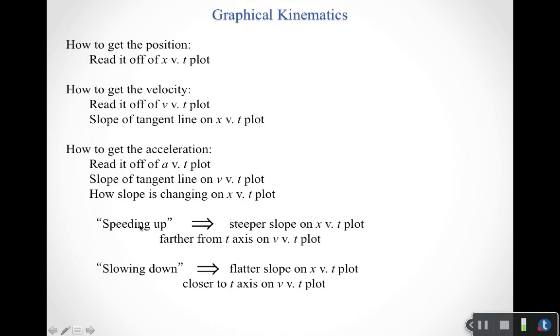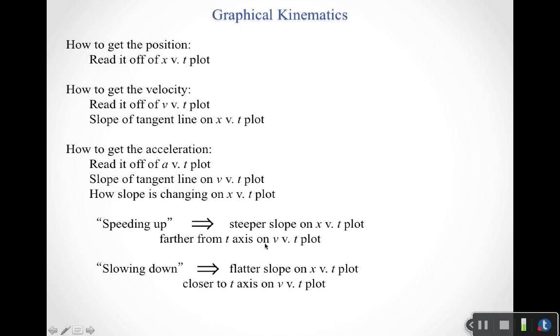This is one of the things we'll focus on a lot when we're thinking about acceleration. In one-dimensional motion, acceleration means that you're either speeding up or slowing down. Speeding up is a way of saying that the slope is getting steeper, because the steeper the slope is, the faster your object is moving. It doesn't matter whether that's a steep positive slope or a steep negative slope. So an object is speeding up when the slope is getting steeper on an x versus t plot, or, on a velocity versus time plot, when you're moving away from the t-axis.